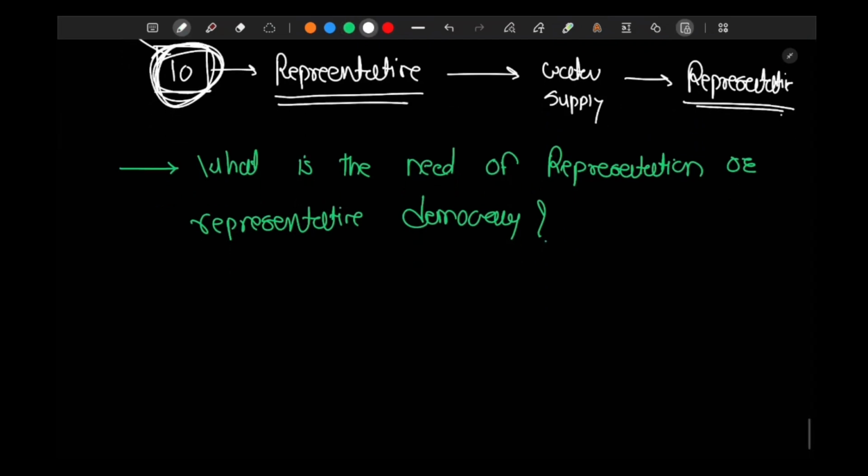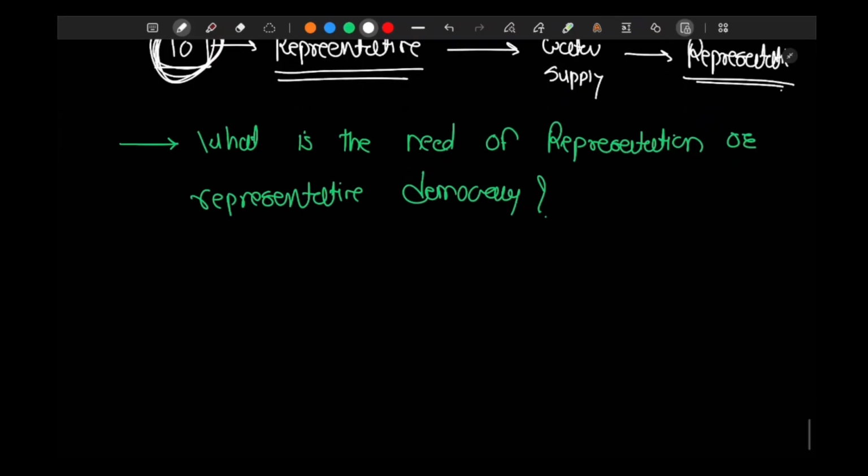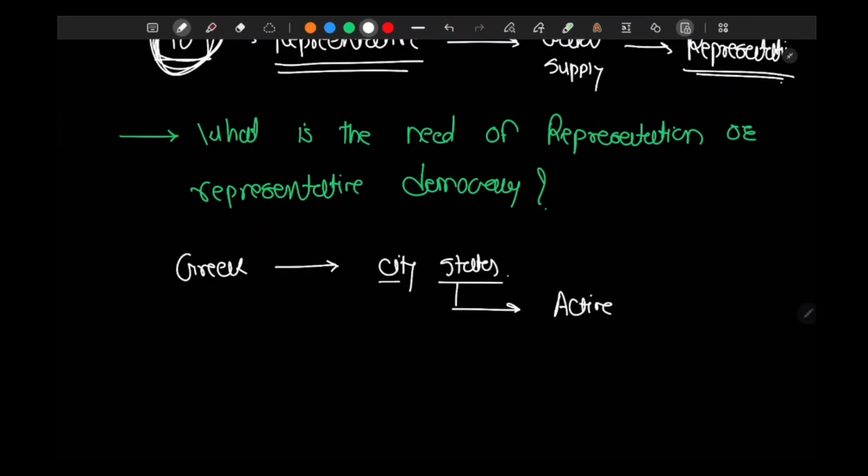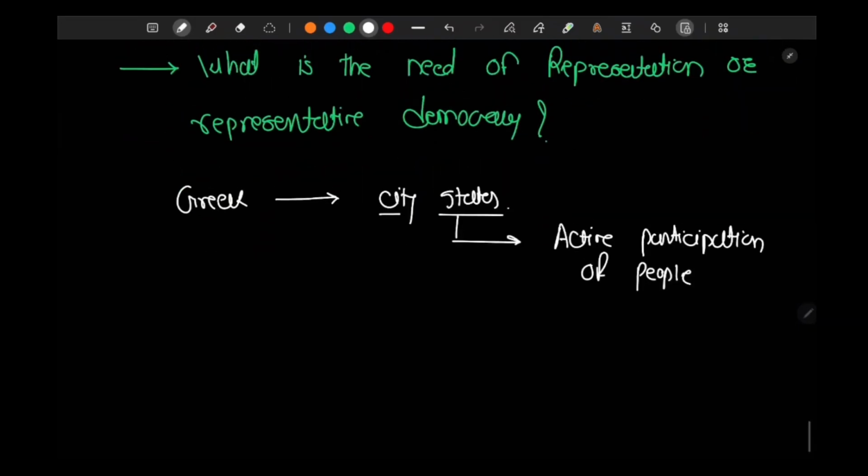We will go to the historical basis of it. Historically, we have seen the Greek political system was of city states. In city states, there was active participation of people, as we have seen in Aristotle's theory of citizenship.